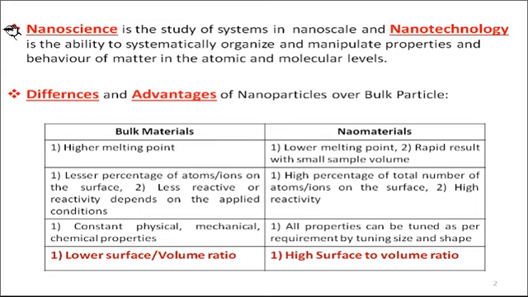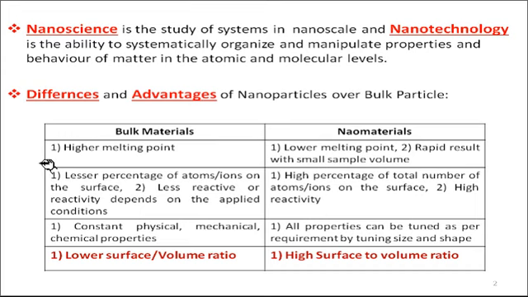Those are the main active sites for any kind of application. Suppose in catalytic applications or biological applications, we try to study the interaction of any kind of substrate with the surface atoms. That is how those surface atoms or ions are always regarded as the active centers or active sites.